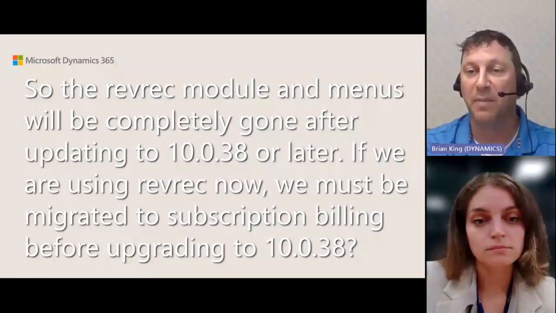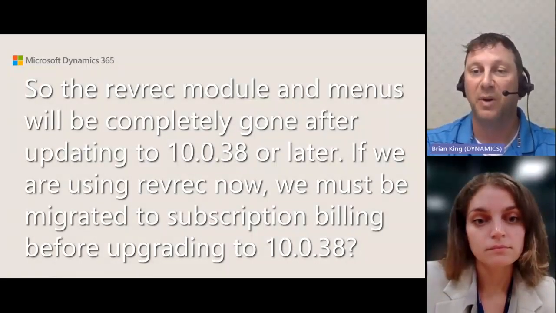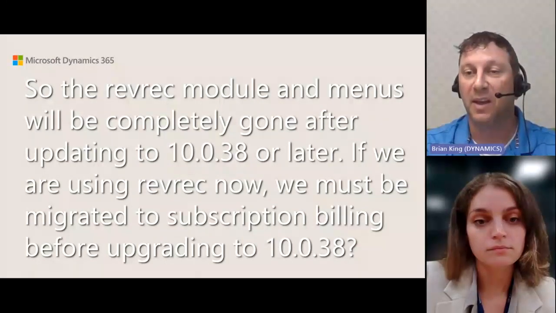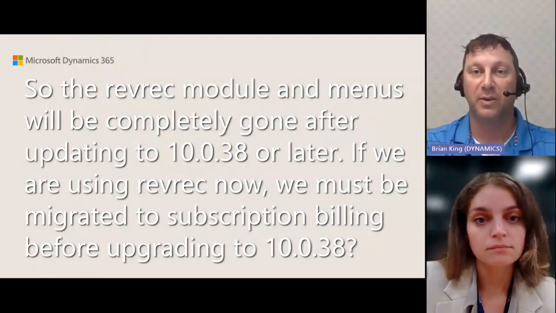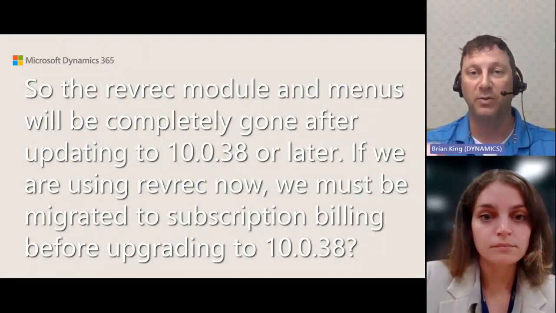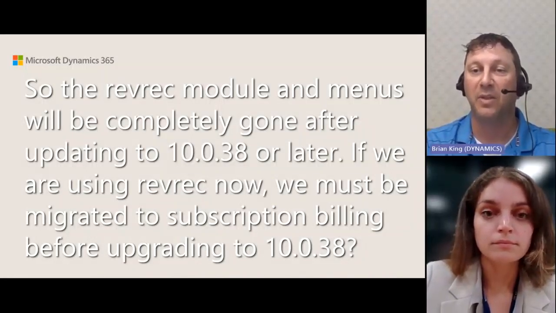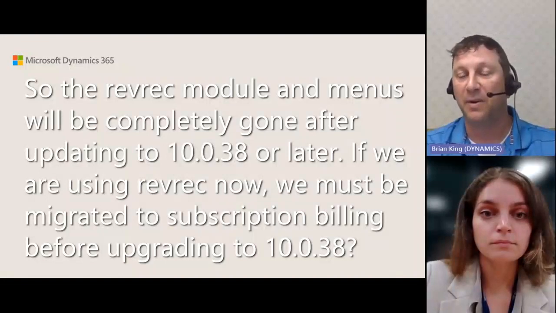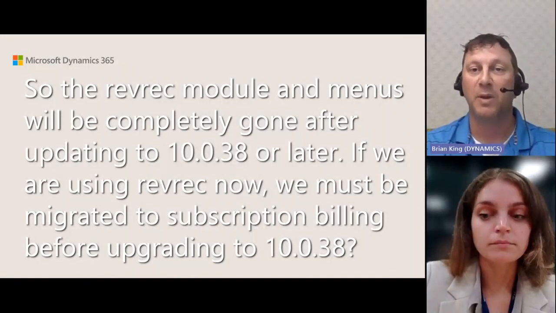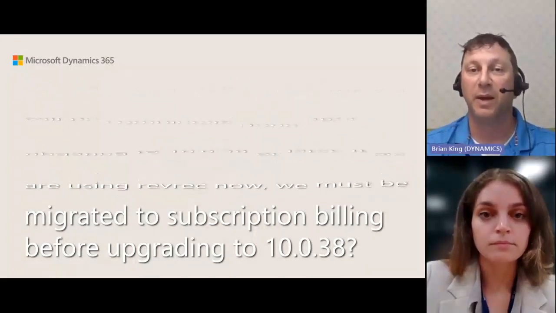We pushed that back, so we're looking at the January release, which is 10.0.38. So it's not going to be a date-driven thing. It's not going to be like January 1, it goes away regardless of what version you're in. It's going to be when you adopt 10.0.38 or later. So if you're on 37 and you skip 38, it would be when you pick up 39 or whatever release you pick up post 38.